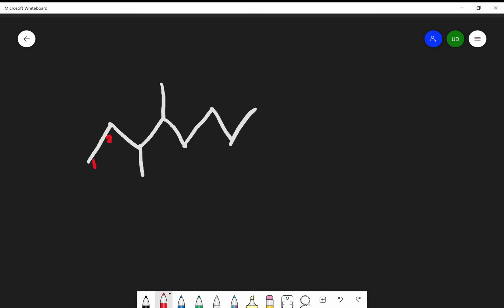So it'd be 1, 2, 3, 4, 5, 6, 7, 8. Again, you want to begin the numbering with the closest substituent possible. So since we have 8, our parent group is octane.